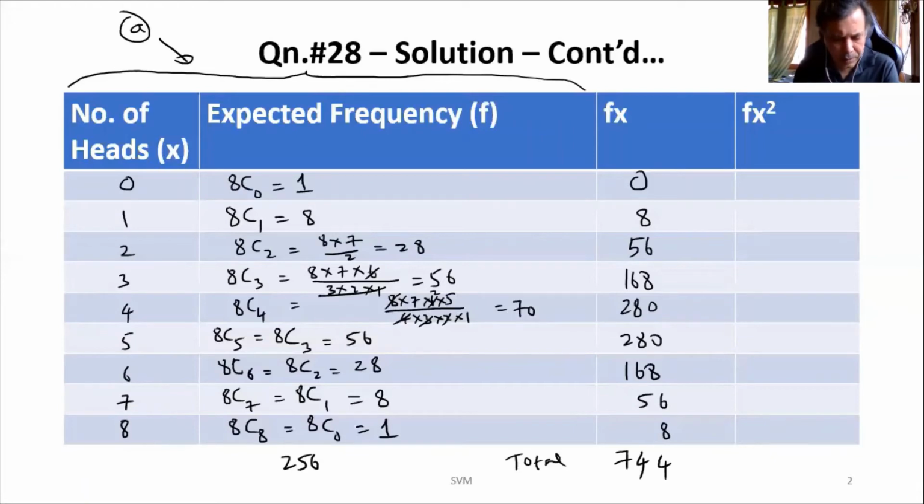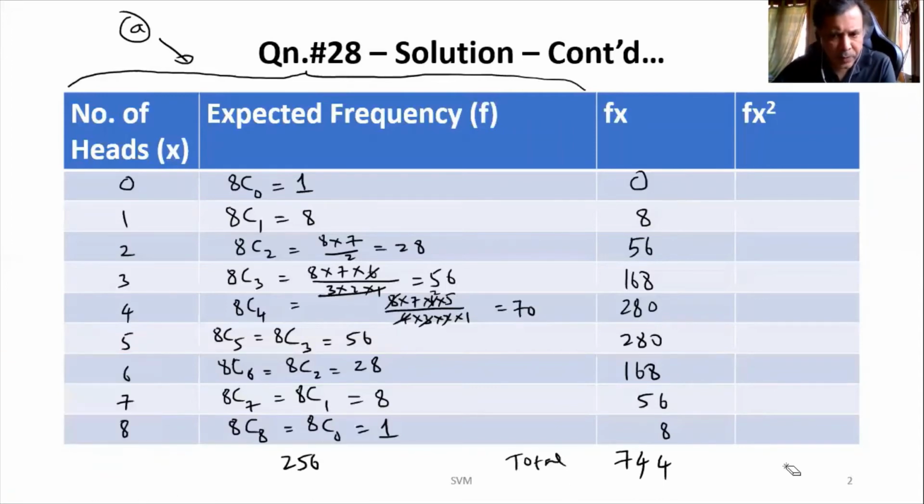Let me redo it. I'm sorry. 8 plus 56 plus 168 plus 560 plus 168 plus 56 plus 8. Yeah, I think I made a mistake while calculating.